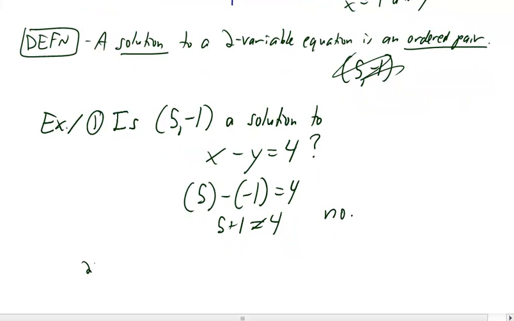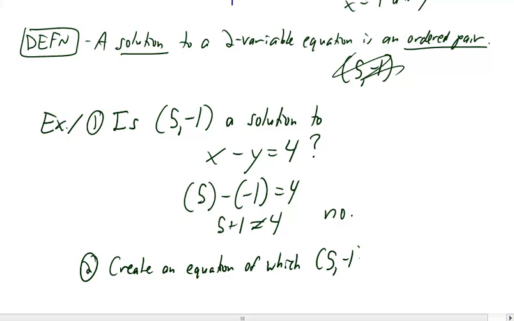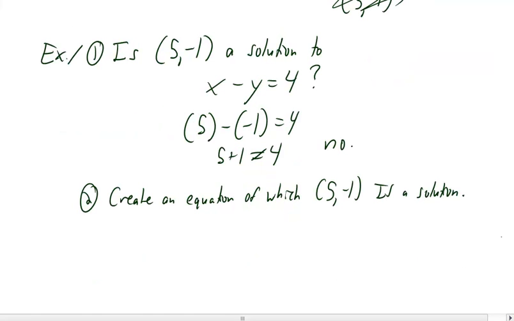Your next task would be to create an equation of which 5, -1 is a solution. How many possibilities could you have for this? My guess would be infinite.